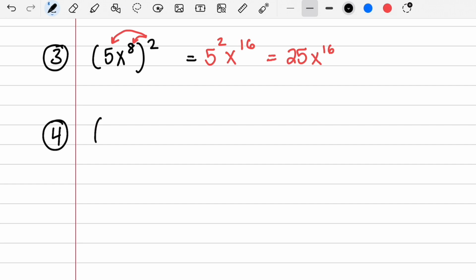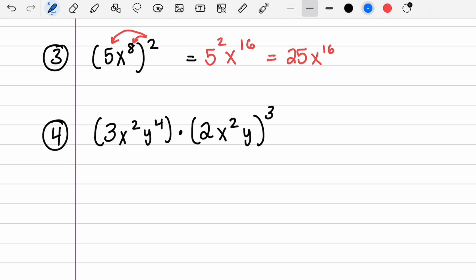Let's take a look at a problem, 3x squared, y to the power of 4, and I'm going to take all of this and multiply it by 2x squared, y, all of that raised to the power of 3.